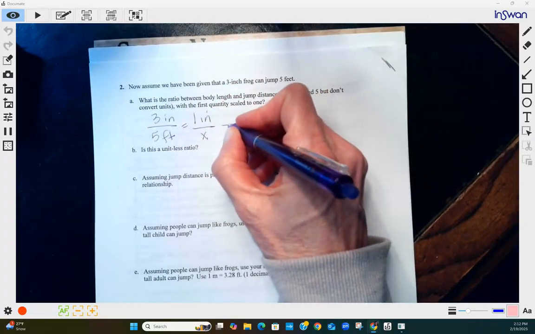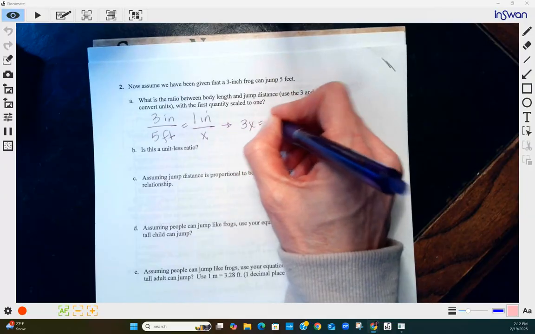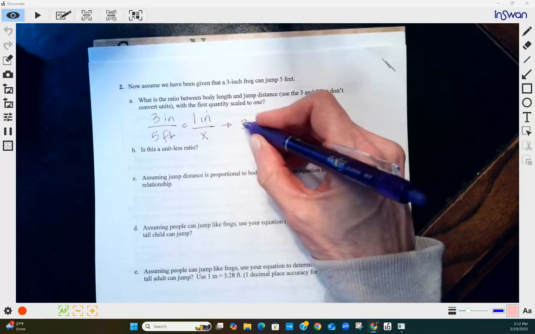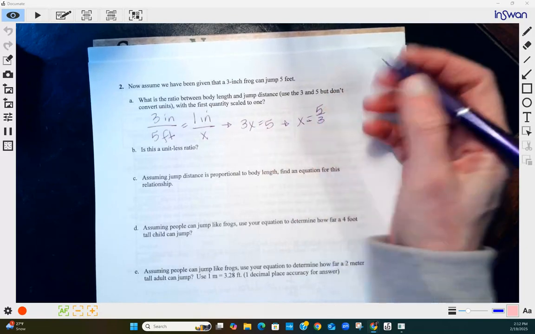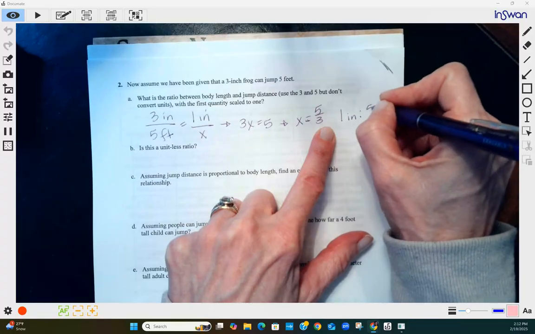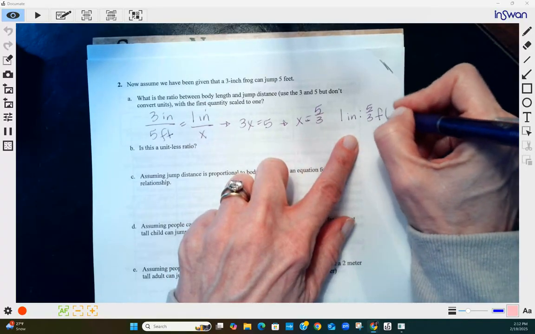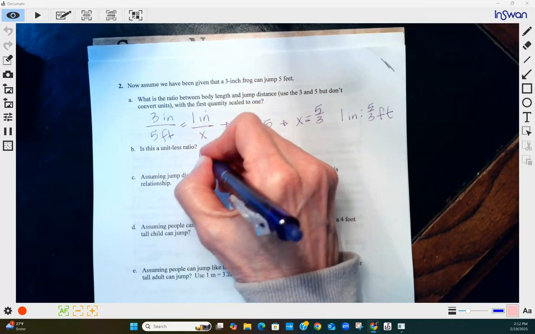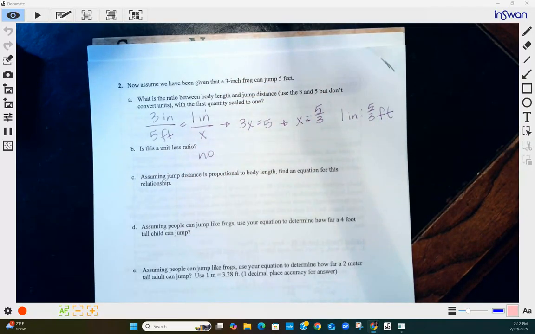Right, so then if you cross multiply, you have 3x equals 5, which leaves you x equals, divide by 3, 5/3. So that ratio is 1 inch goes for 5/3 feet. Is this unitless? No, because we have two different units.